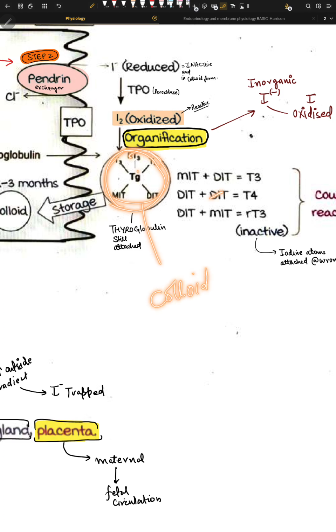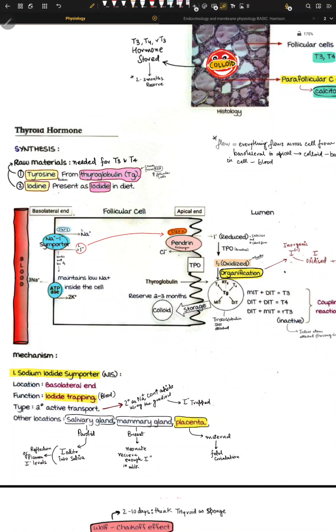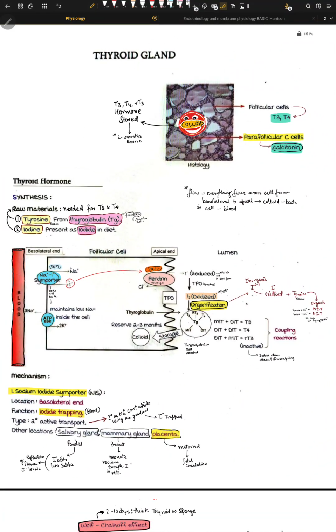So this colloid goes back inside the cell, and this colloid stays inside the cell for the next 2 to 3 months, so that you can have a good level of T3 and T4 in your body. So that is the synthesis of T3 and T4.